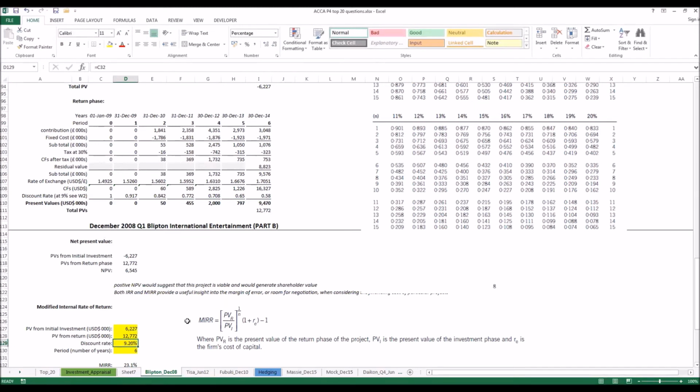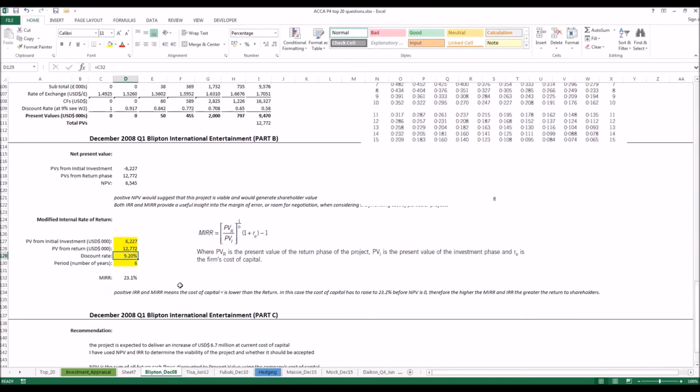So you effectively use this calculation, just learn it, where you've got the present value from the return phase divided by the present value of the investment phase, to the power of 1 over the period of the project, in this case 6 years. And then you times it by 1 plus the discount rate, which is 9.2%, our cost of capital. You take away from that 1 to get it as a percentage. So that formula is captured here.